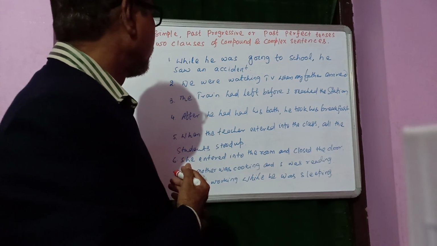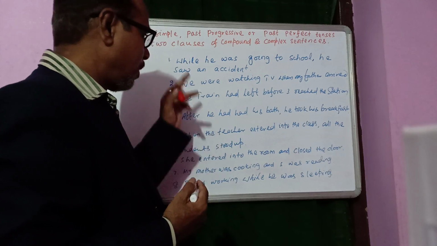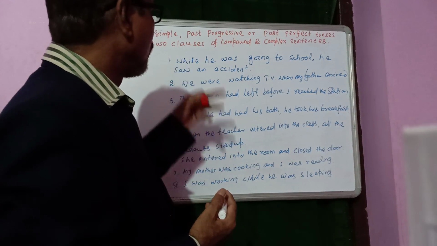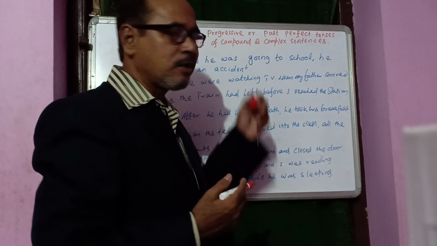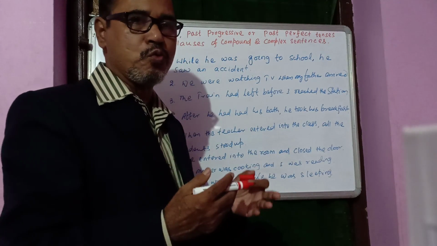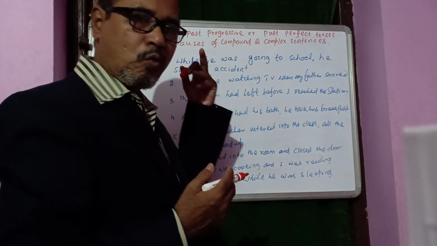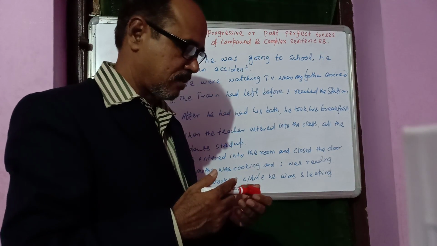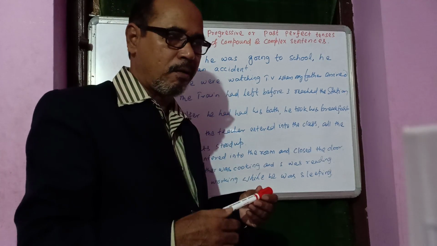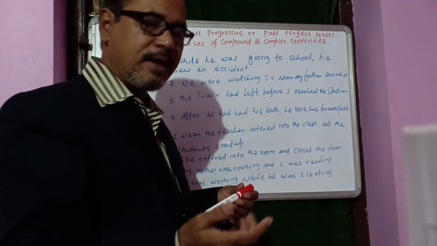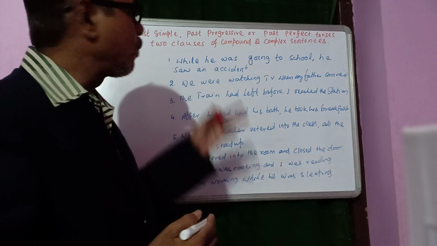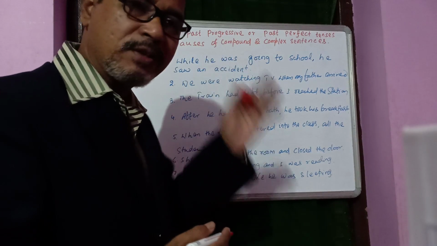Now see, before explaining how the past simple, past progressive and past perfect tense is used in clauses of compound and complex sentences, I want to tell you about the forms of the past simple, past progressive and past perfect tense.